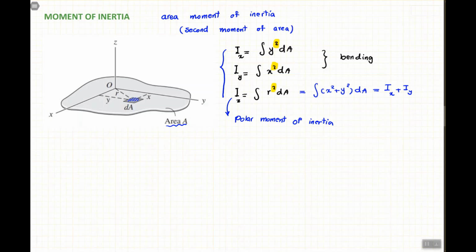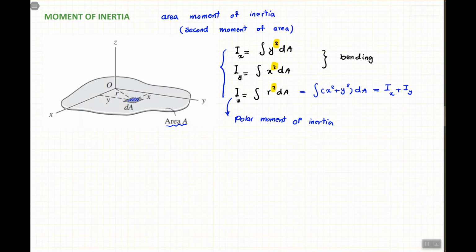And now the question is how we can calculate this Ix and Iy. Do we have to use this integral? No, the answer is no. For simple geometries, somebody has used this integral, calculated them and tabulated them for us. So we just use the simple formula that we're going to discuss in a moment.